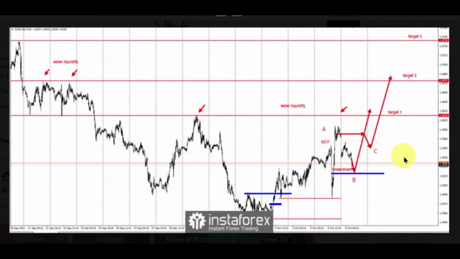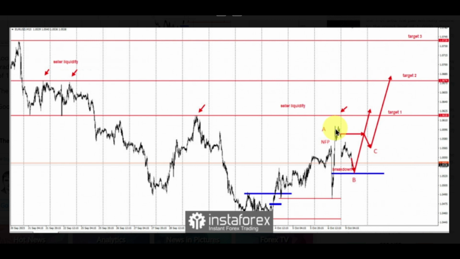Looking at the three-wave pattern: A, B, C, where wave A represents the previous upward movement after NFP.